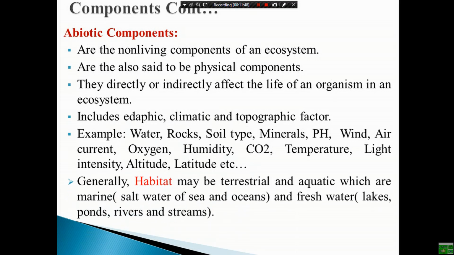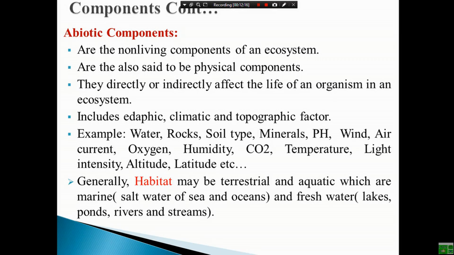Generally, habitat may be terrestrial or aquatic. If the habitat is terrestrial, which is on land, it may be arboreal or ground or underground. Arboreal means a type of terrestrial habitat in which they live in or on trees. So those are the types of terrestrial habitat.